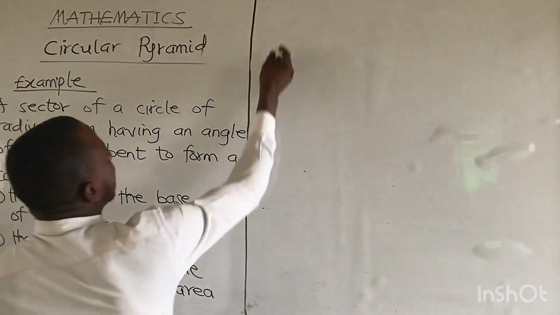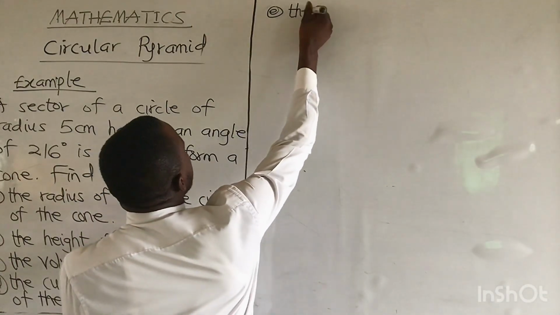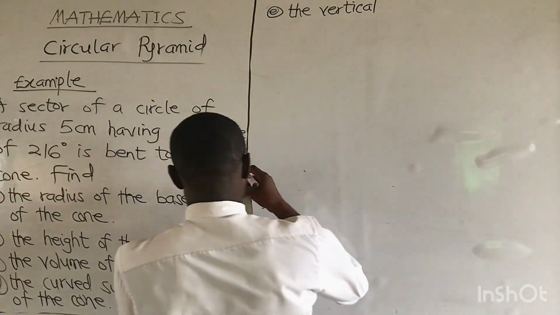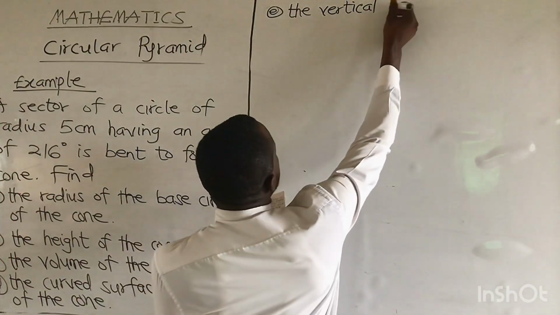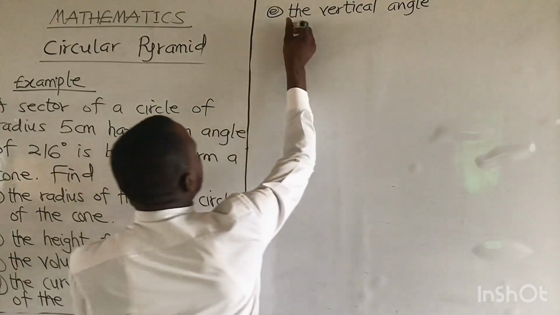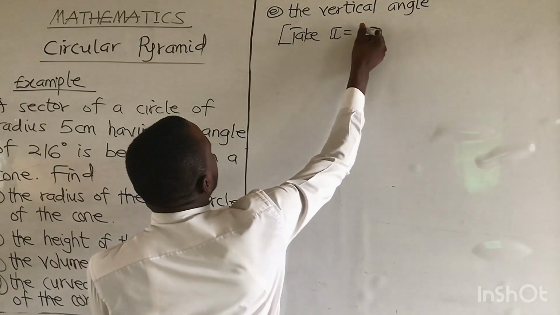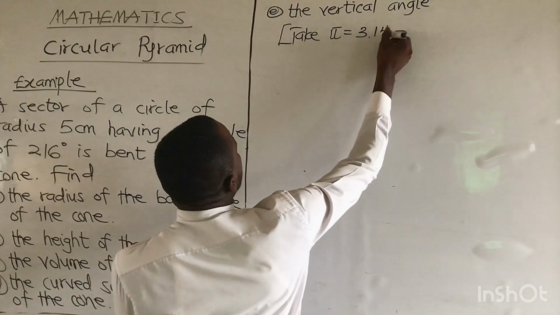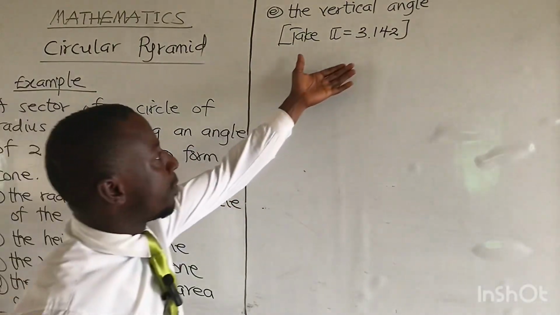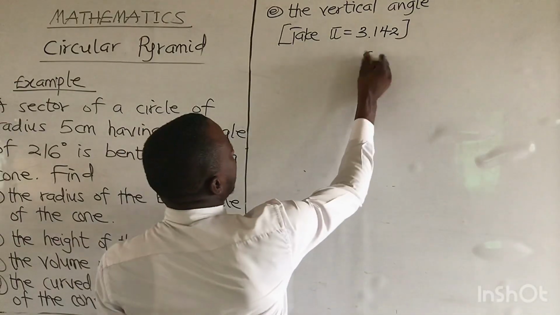Then the last one, E, the vertical angle. Bracket open. Take pi equal to 3.142. So let's begin.